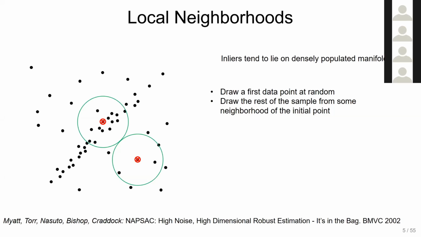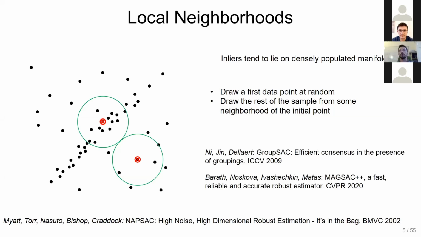On the other hand, such samples are typically degenerate, so one has to take care of that. Depending on the type of neighborhood, a number of methods were introduced, starting from knapsack, groupsack, MaxSac++, which Daniel will be speaking about next, and many others that were published.